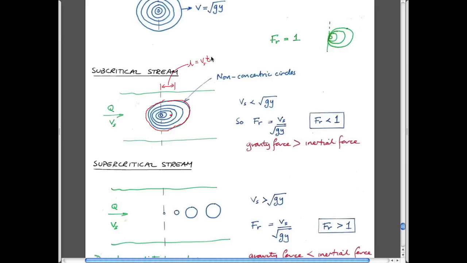Nothing more than that. You can imagine if the wave velocity that it travels out from here is exactly the same as the velocity of the stream. So if the celerity wave velocity is exactly equal to the velocity of the stream, then you'd end up with something like this, right? This would be the circle that you put in 10 seconds ago.